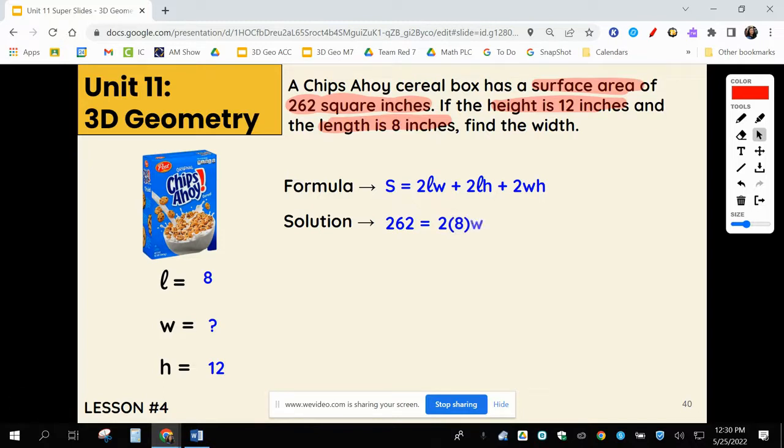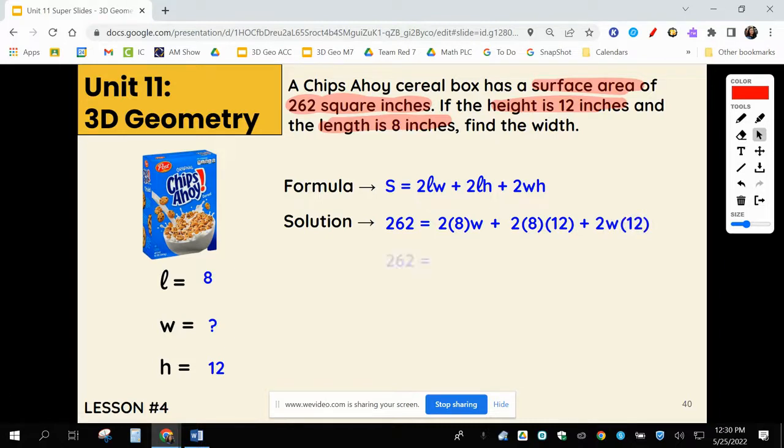No, so I'm going to write down W. Plus 2 length height. 2, do I know what the length is? Yes, it's 8. Do I know what the height is? Yes, it's 12. Plus 2 width height. 2, do I know what the width is? No, leave it as W. Do I know what the height is? Yes, it's 12.